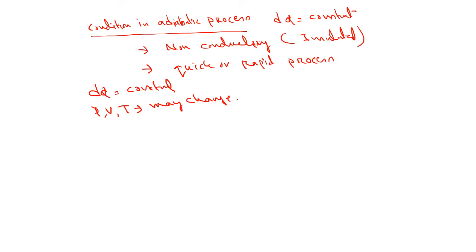Okay, now what is the equation in the adiabatic process? We can write it here: P V to the power gamma is equal to constant.